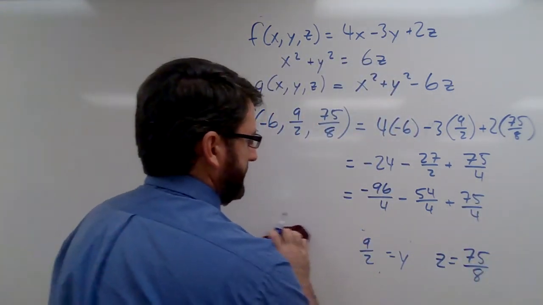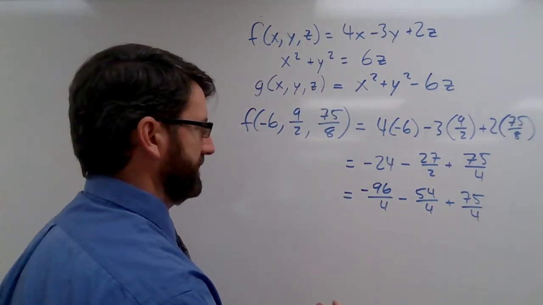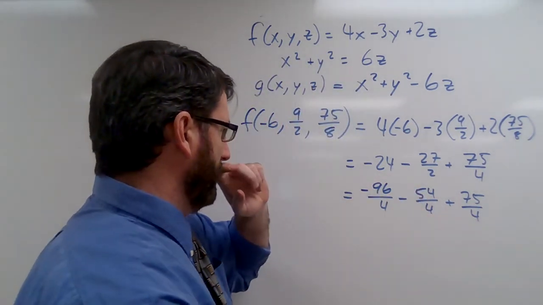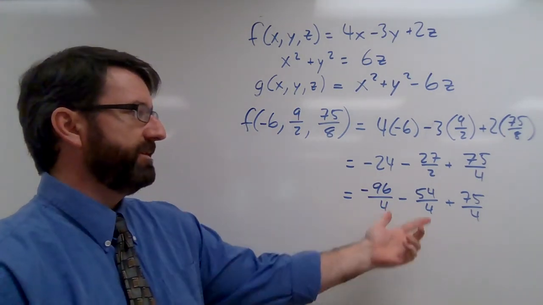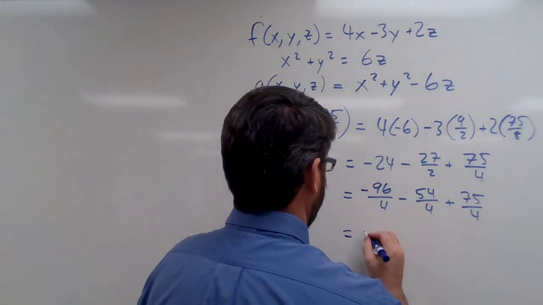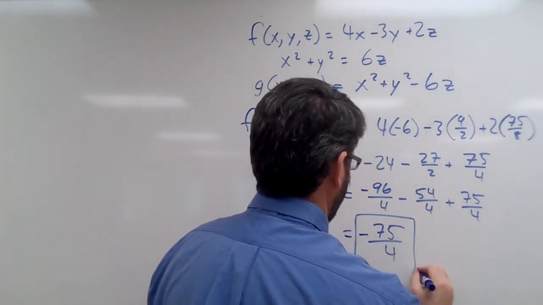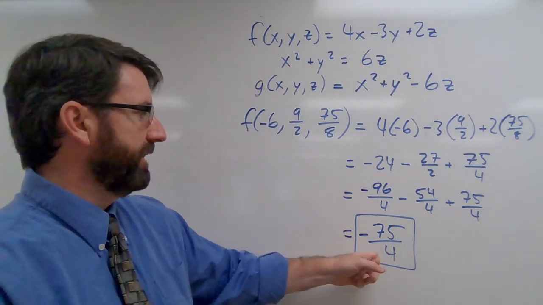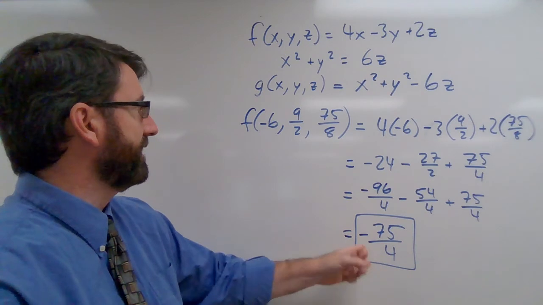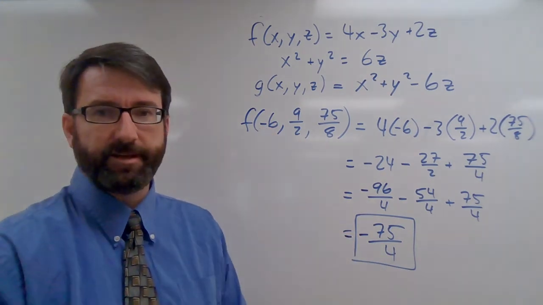And we're going to get, let's see, 96 plus 54 is 150. So negative 150 fourths plus 75 fourths is going to be negative 75 fourths. And that's our answer that we get. That's our extreme value that we get at the point negative 6, 9 halves, 75 eighths.